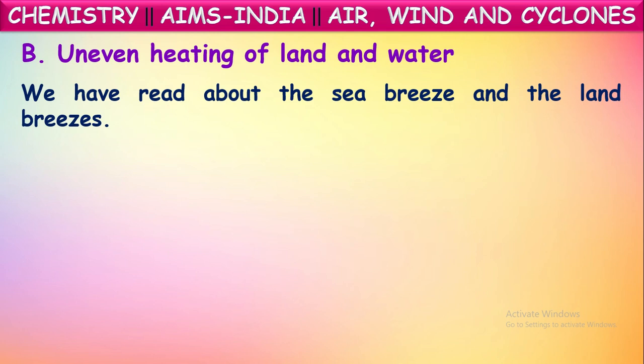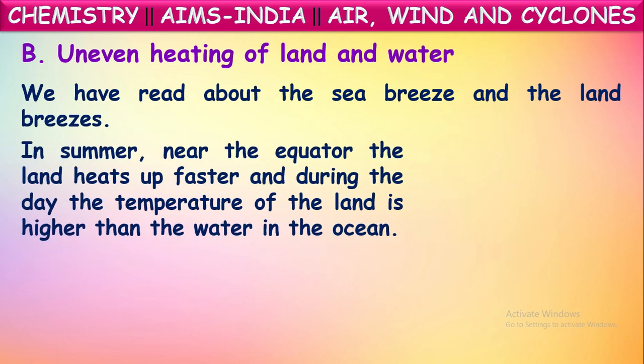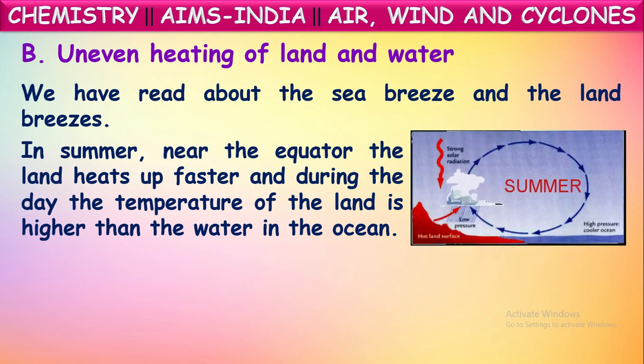So, about this we have seen just now. Now, in summer, near the equator, the land heats up faster, and during the day the temperature of the land is higher than the water in the ocean, isn't it? We know land heats up faster than water.